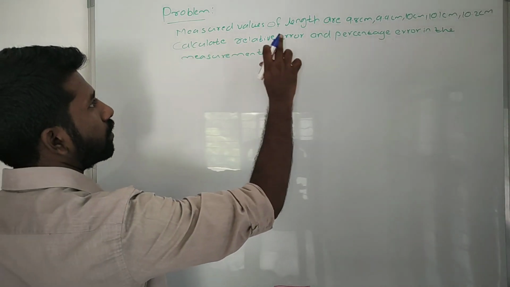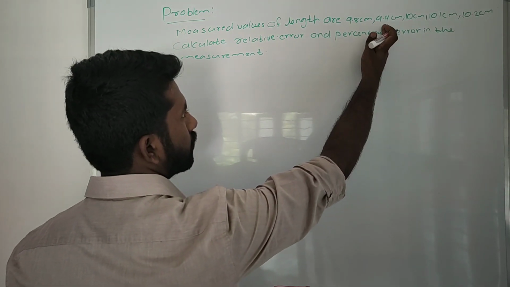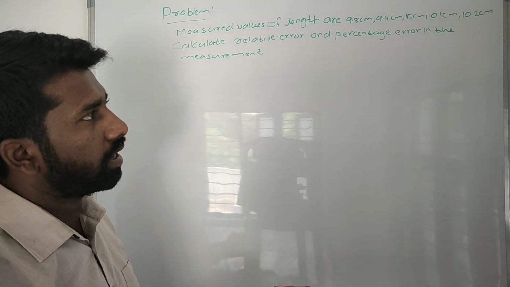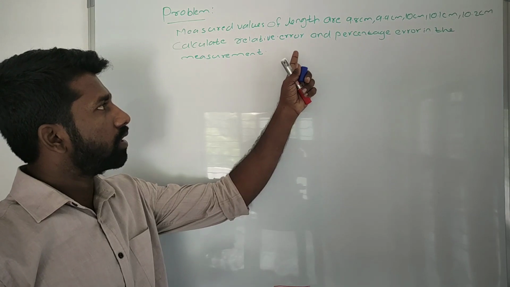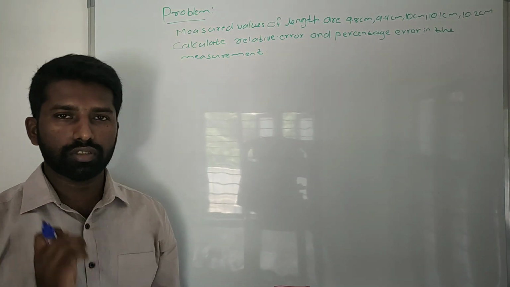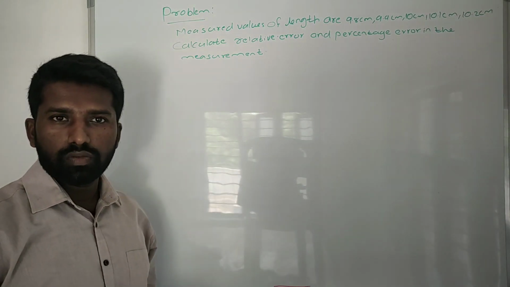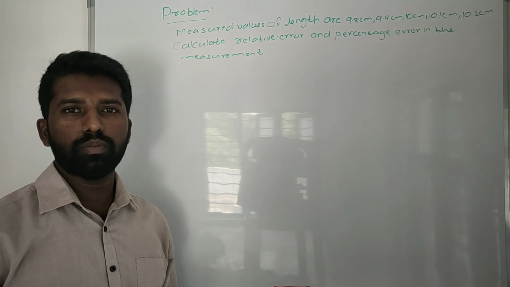The measured values of length are 9.8 centimeter, 9.9 centimeter, 10 centimeter, 10.1 and 10.2 centimeter. Calculate the relative error and percentage error in the measurement. They have given many measured values, and by using them we need to find the relative error and the percentage error.